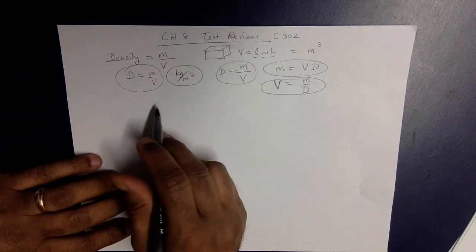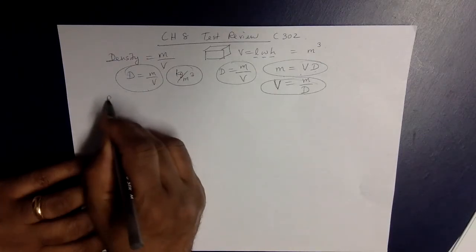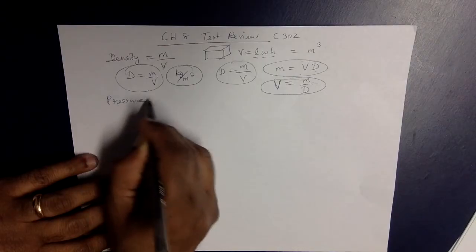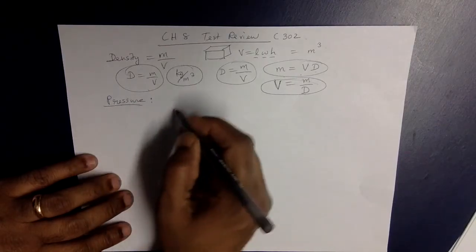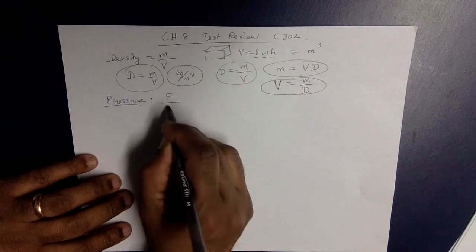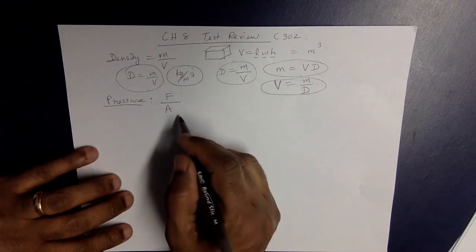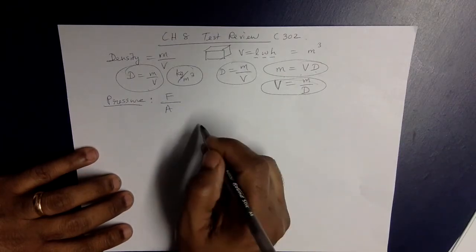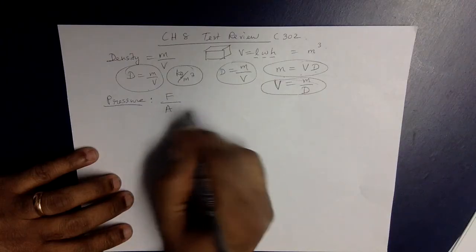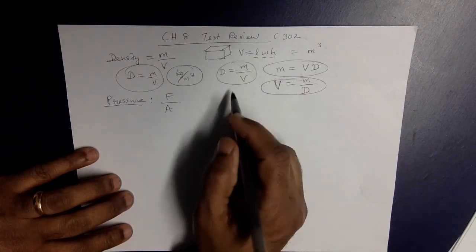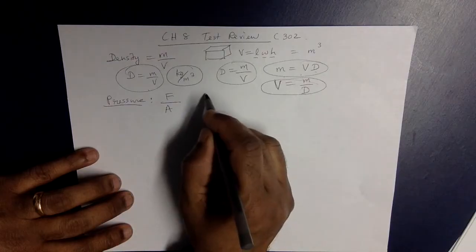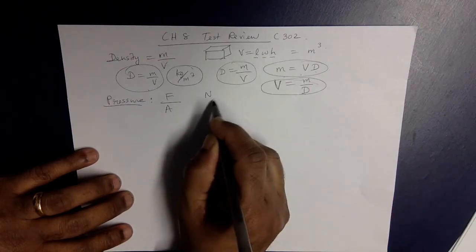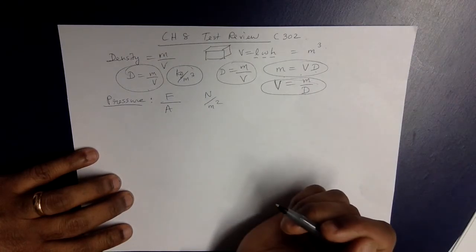All right. Then came the pressure concept. What is pressure? It's force over area. Pressure is force over area. So if you know the force and the area, you can find out the pressure. Simple as that. The force must be in Newton and area must be in meter square, so you'll get Newton per meter square.